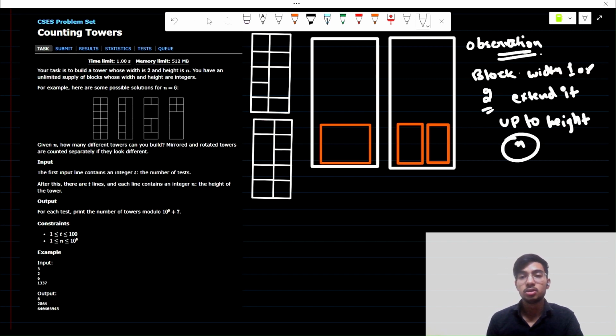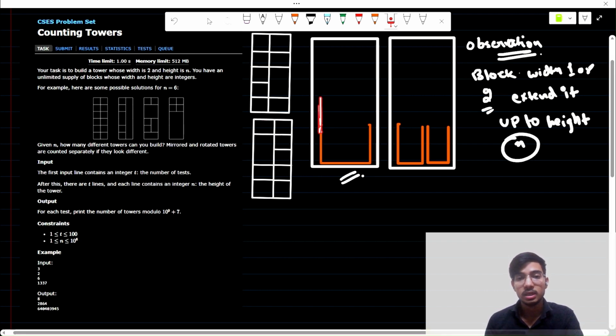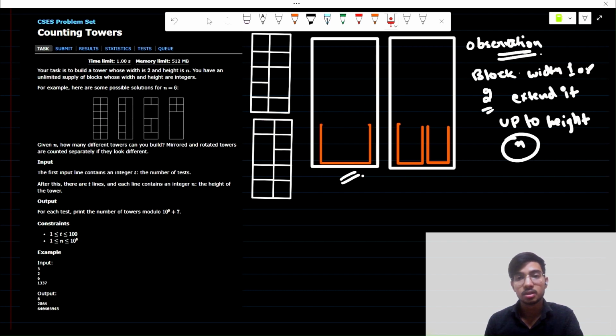Now how can you extend? There are different cases. You extend it, and you can close it. If you close it, then the next thing you can do is start with a block of width 1, or you can start with a block of width 2.